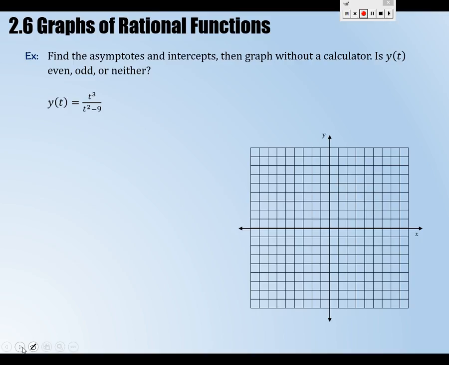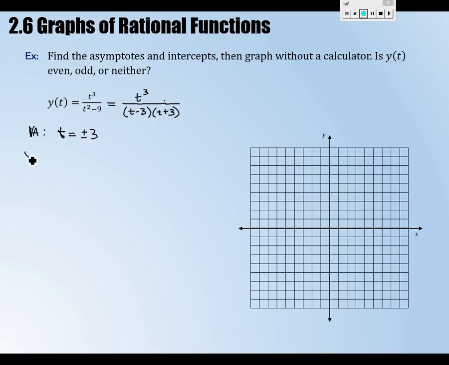That has a slant asymptote. All right, so this is not the interesting part. I'll do this list for you because I think it's not super interesting. So we have vertical asymptotes at t equals, I guess we're using t, plus or minus 3.